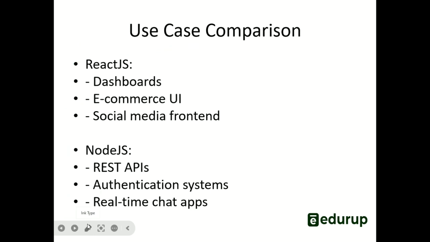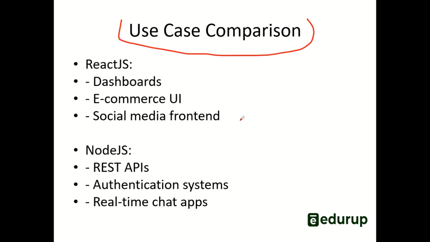Next, we are going to learn the use case comparison. Use case means where React is used and where Node.js is used. React.js is used in dashboards, e-commerce websites, that too the front-end UI part, product UI part, and as a social media front-end. Node.js is used for REST APIs, which you use as get, post, put, delete.